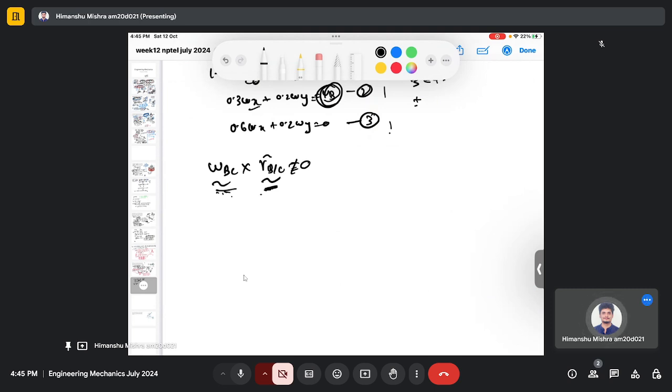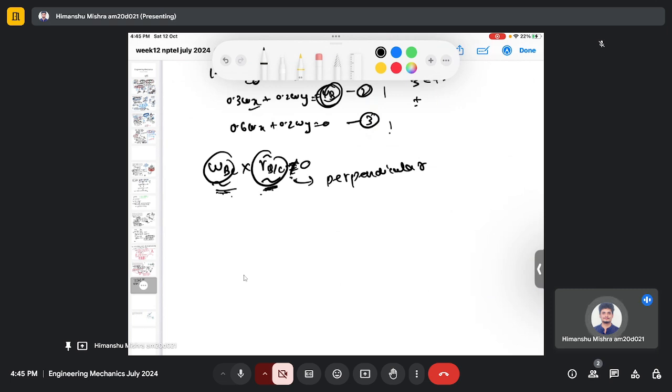But it is not zero, which means they are not parallel. They are perpendicular to each other, right? Because if they are perpendicular, only then you can take the cross product, and it is non-zero.